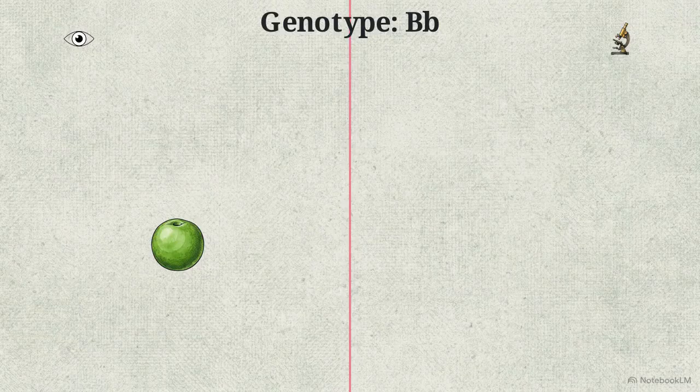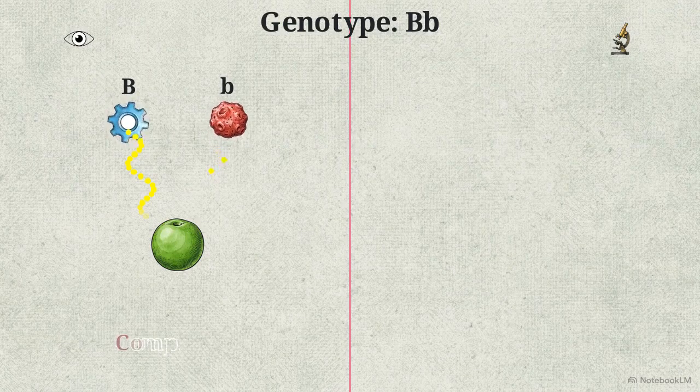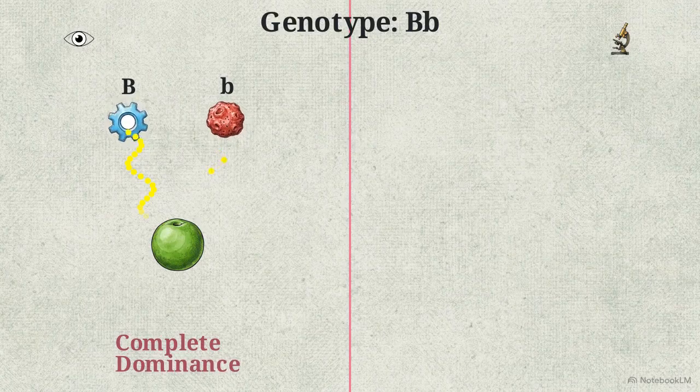On the left, we observe the macroscopic shape of the seed. The capital B allele synthesizes starch very effectively, while the lowercase b is inefficient. Yet the single B allele produces enough starch to keep the seed plump and perfectly round. At this scale, the B allele exhibits complete dominance.